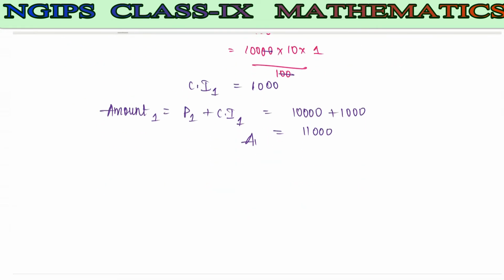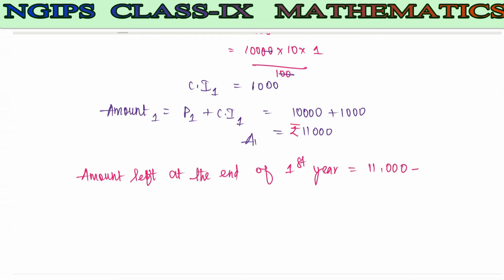So the amount left at the end of the first year is, totally we have 11,000, and in that 11,000 he pays 3,000 rupees every year. So left over here is 8,000. So this is the first year amount.